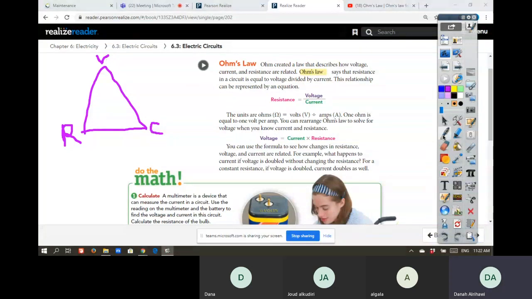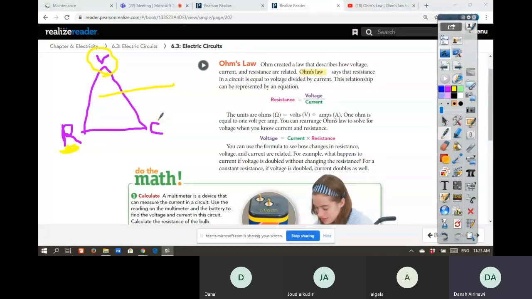To make it easy for you, in this triangle, at the top I have V. So the resistance of conductors is represented by voltage divided by current. Again, the resistance is voltage divided by current.